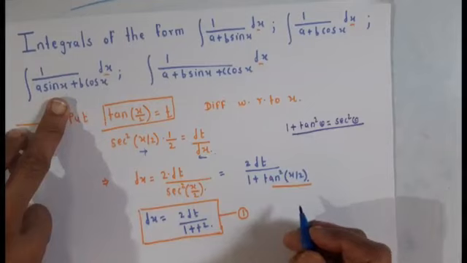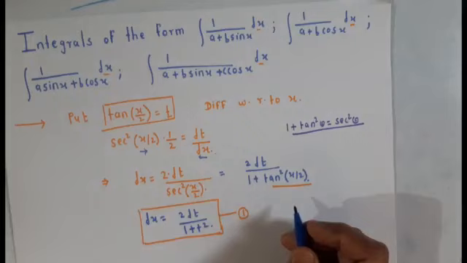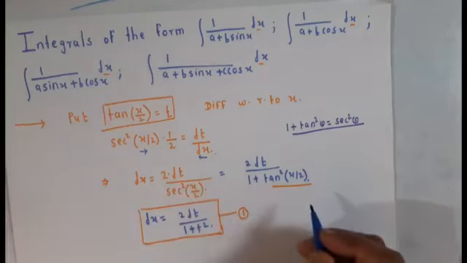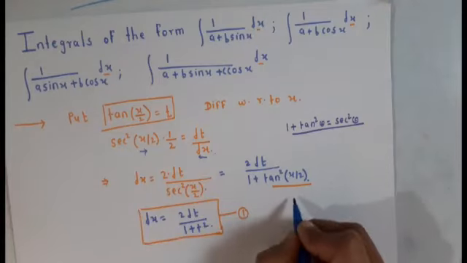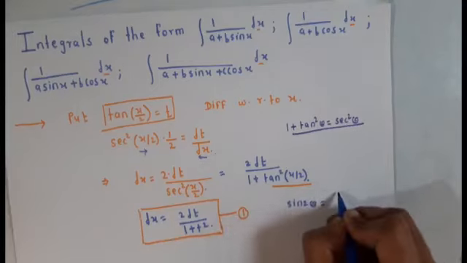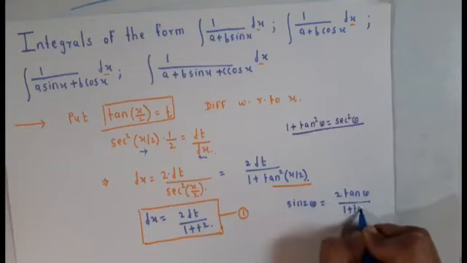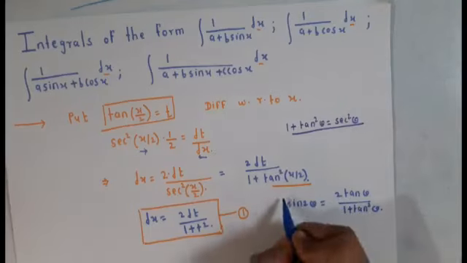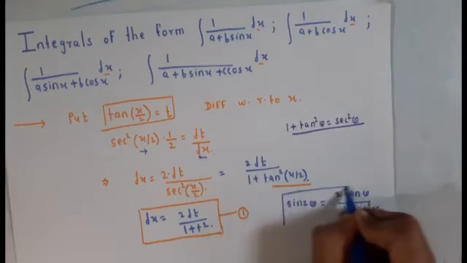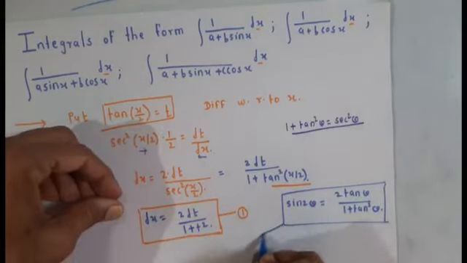Students, you know the formula for sin of 2 theta, which equals 2 tan theta upon 1 plus tan square theta. By using this formula we can find sin of x.